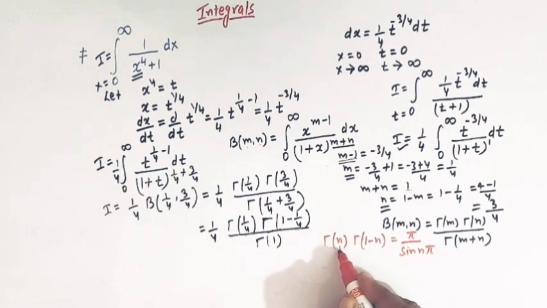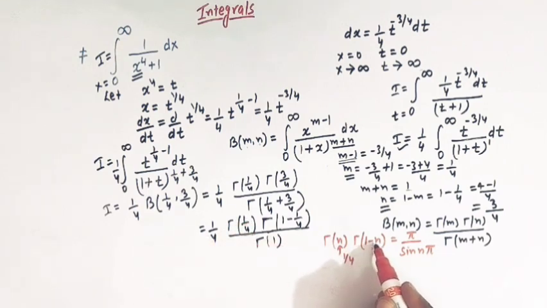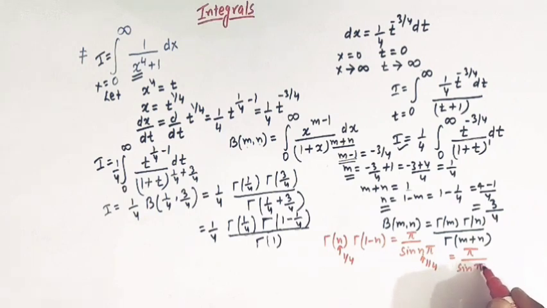And now see, if you take this n as 1 by 4, then we have this term, that is gamma of 1 by 4, gamma of 1 minus 1 over 4. So taking n is equal to 1 by 4, in this term we have pi over sine pi by 4, right? So this is pi, sine pi by 4 is 1 over root 2, and this is sine 45 degrees, so this is pi root 2, right?